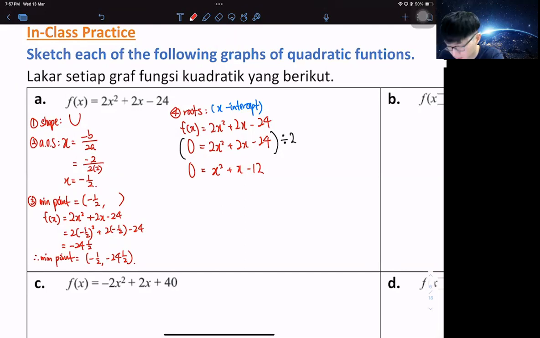Then you see your friends, those who still remember everything, start pressing the calculator. If you're careless, make sure you write down the brackets first. Now we press the calculator. I asked you before, you still remember how to do it, right? I don't have to tell you mode, right? Anybody who doesn't know how to continue from here? I don't see anybody.